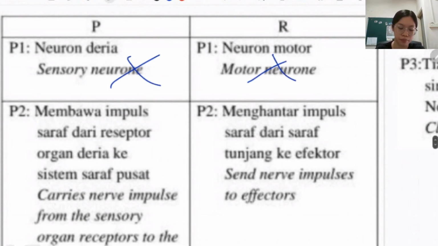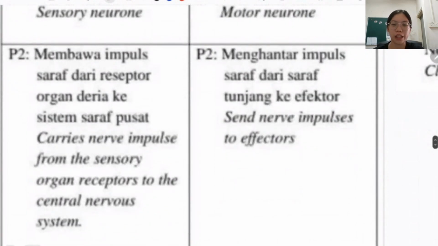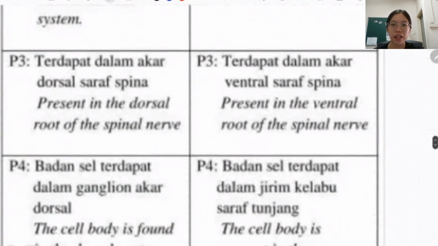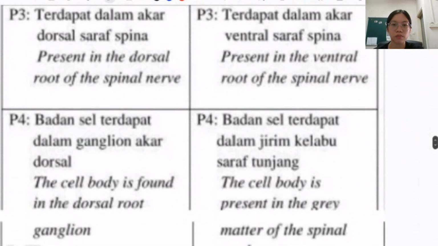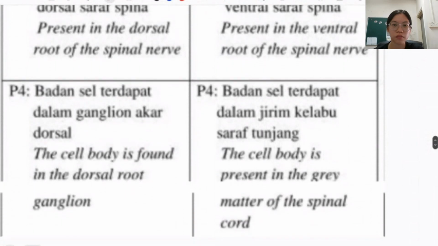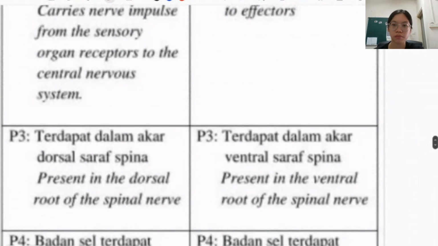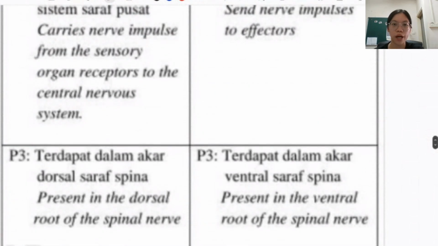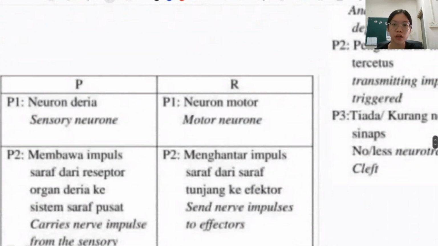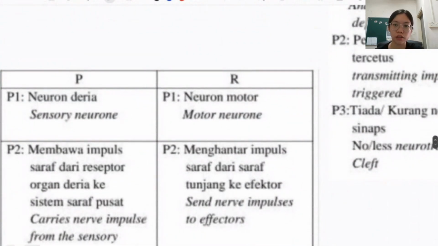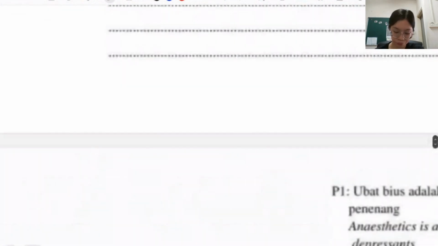It's really hard to say, okay? And you can talk about cell body and where it is present. Okay, moving on to the next one right here.